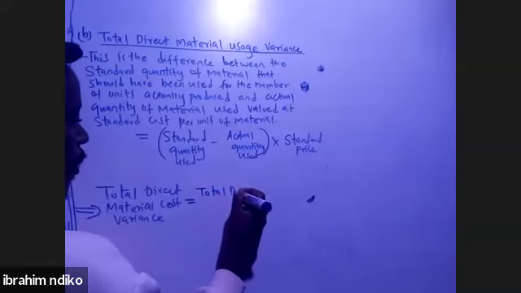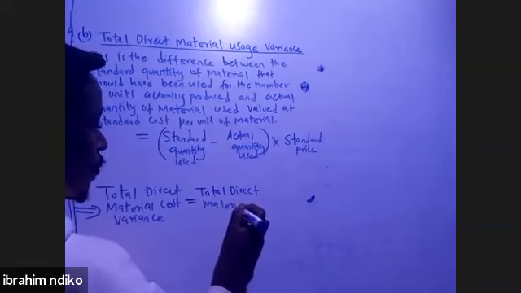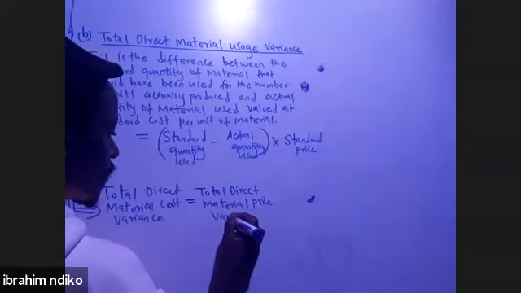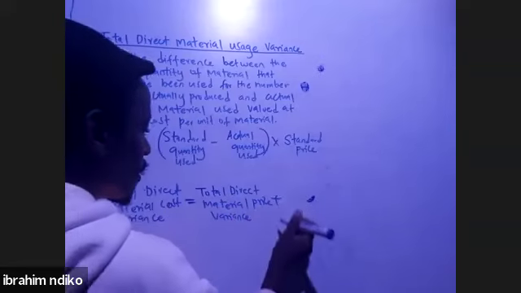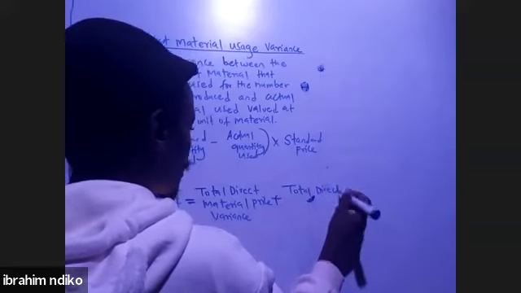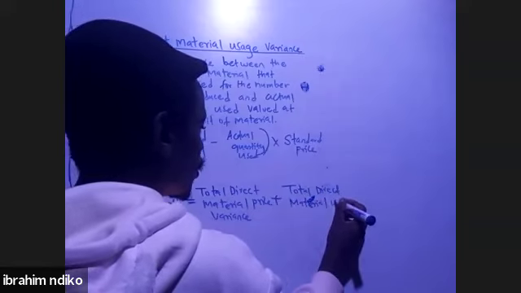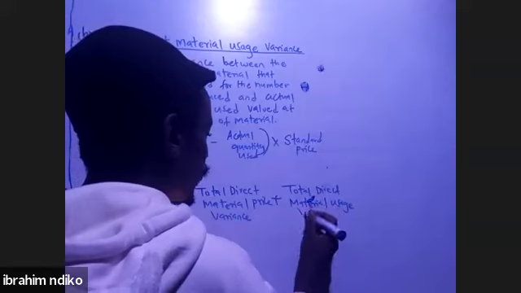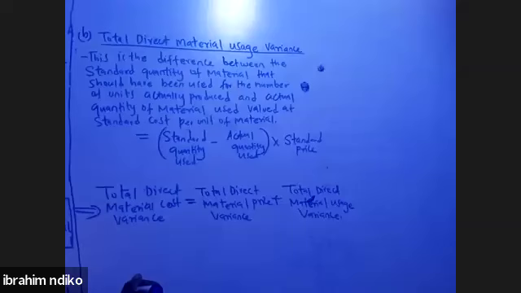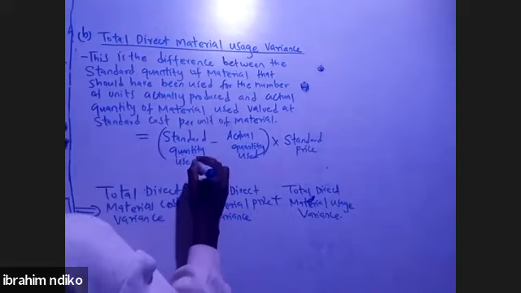Now kama tunatumia hiyo, then you can use this one which is equals to total direct material price variance plus total direct material usage variance. So this one like a usage.